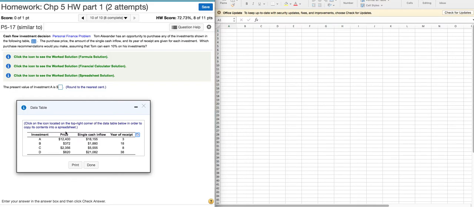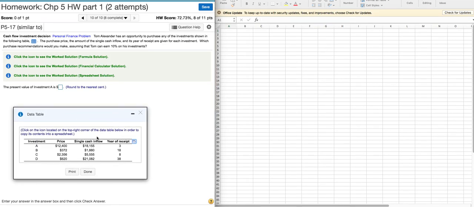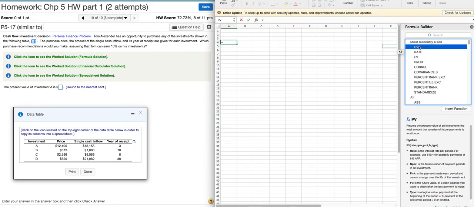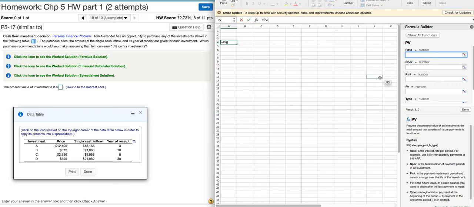We'll get into that later in the course when we talk about net present value. So right now we're talking about the present value of the cash flows, not the net present value of the overall investment, which would include the price. So for this part of the question, we are going to just calculate the present value of each cash flow. And we'll do that quickly in Excel with the PV function.